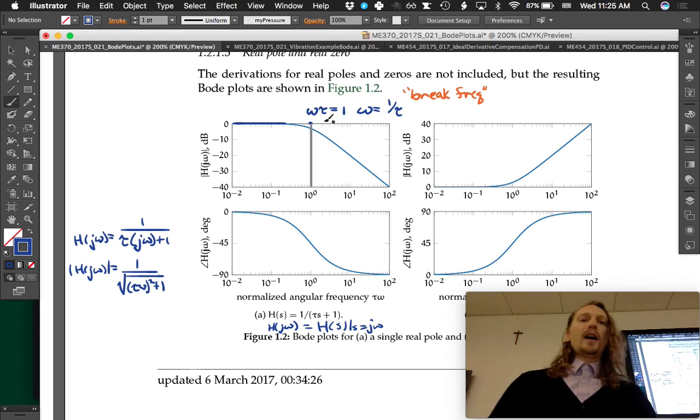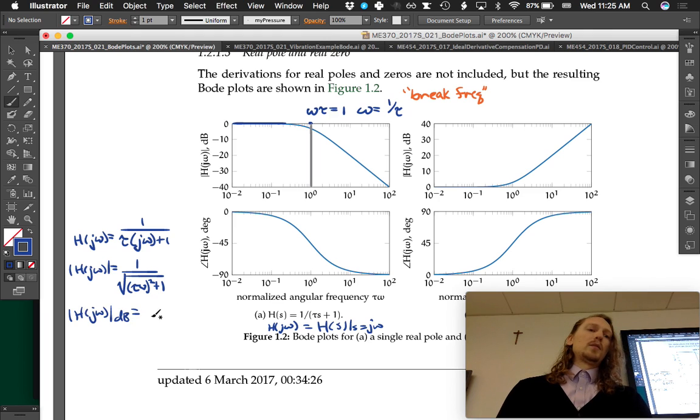This plot is exactly that, except we plug it into the dB, so h of j omega in dB is just equal to 20 log base 10 of the magnitude of h of j omega.